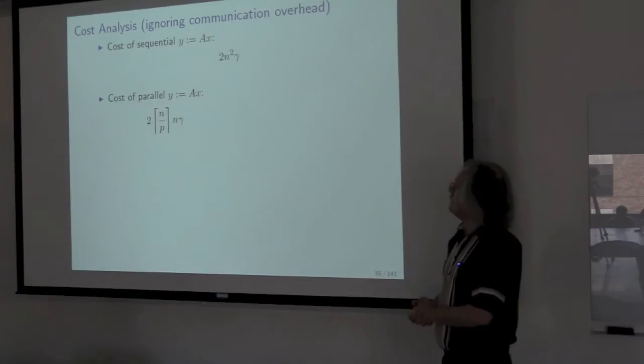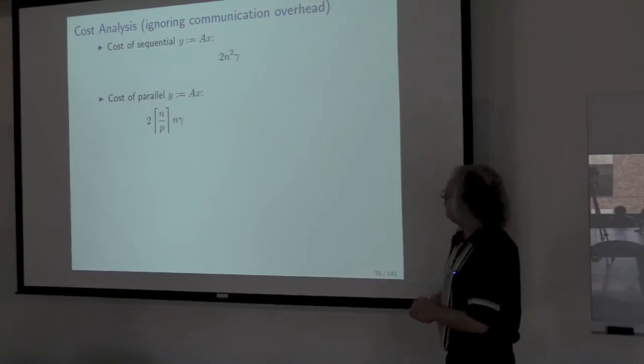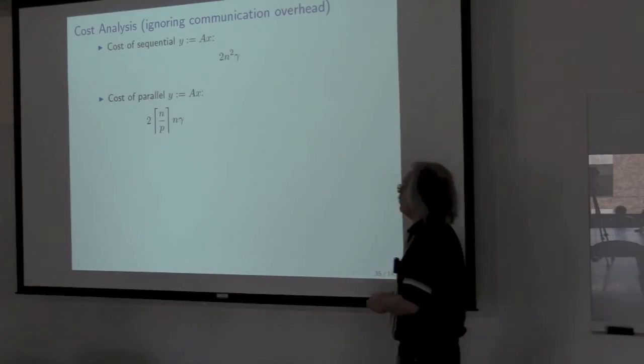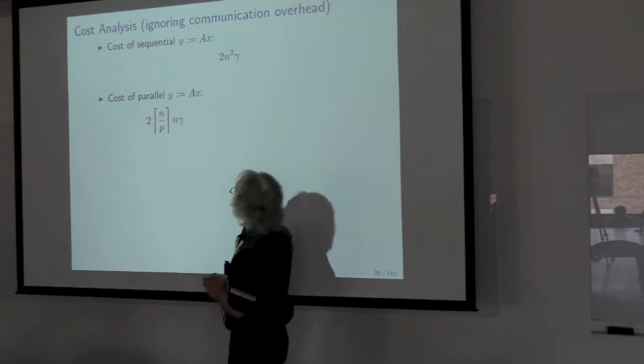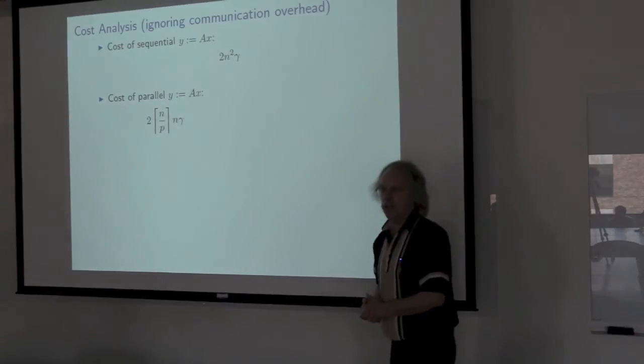If we parallelize it, notice that you have to assign rows of the matrix to the processors. And the ceiling function, computer scientists are very familiar with. This is really, let me get it right, the smallest integer greater than or equal to n divided by p.